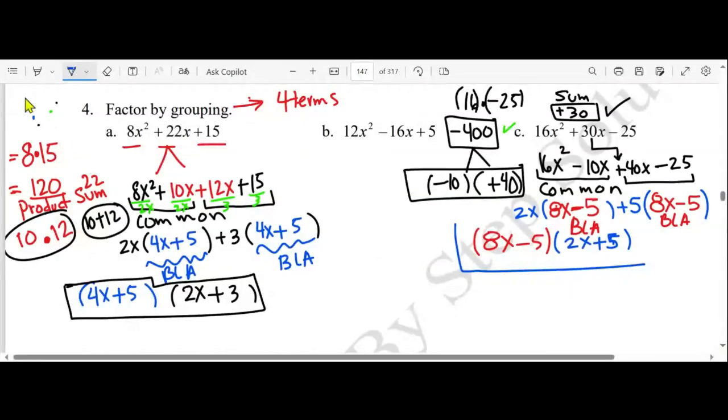So we are done with a quick review for section 5.4. Clear? Now I'm going to move to section 5.5.